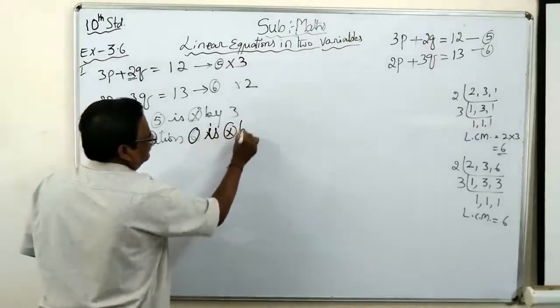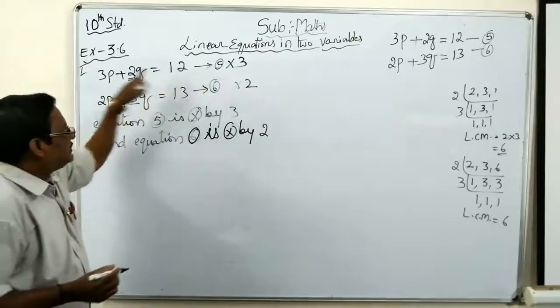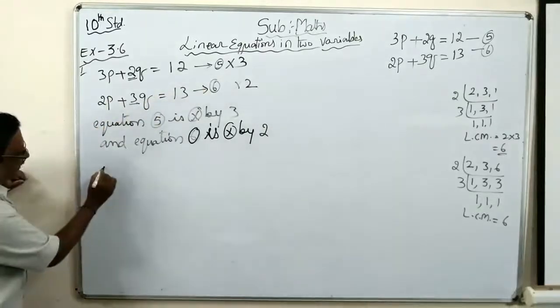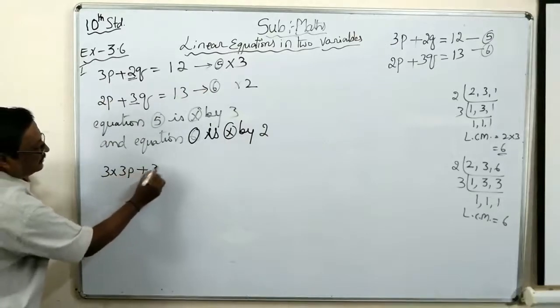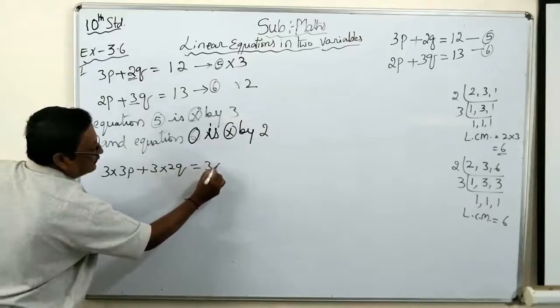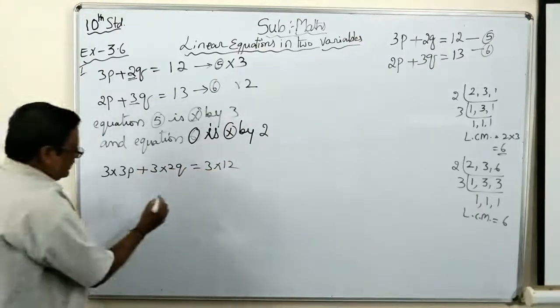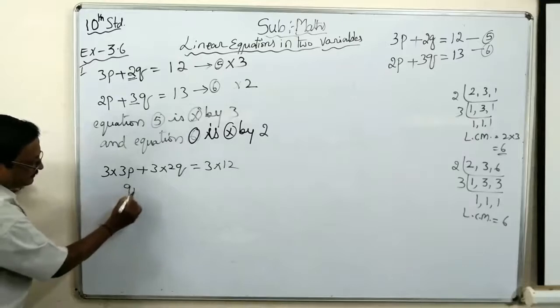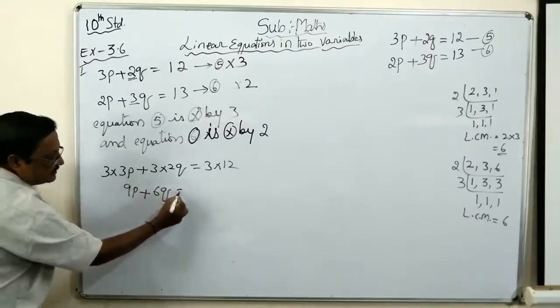Multiplied by 3 means each and every term is multiplied. 3 into 3p plus 3 into 2q is equal to 3 into 12. Next, 3 3s are 9p plus 3 2s are 6q is equal to 12 3s are 36.